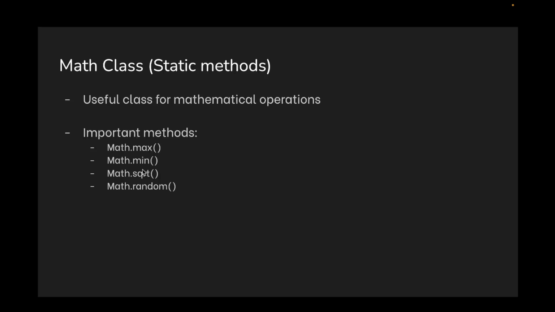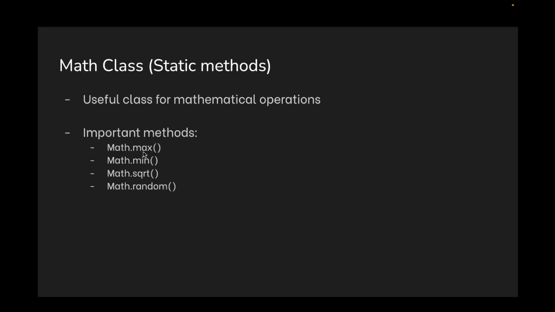All of these are static methods, meaning that every object of the Math class will share these methods. But it wouldn't make sense to create an object and then call the method, because for every single object the method would be the same, right? So in Java, you call the method using the class name itself. You say Math.max and Math.min, and we'll talk about what these methods do, so don't worry about that.